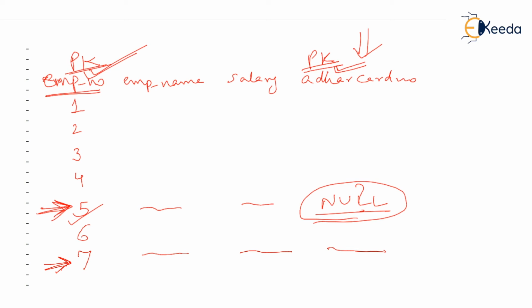So those were the properties of primary key, isn't it? You saw in this exercise that employee number and Aadhaar card number both could have been primary. We call these two attributes, employee number and Aadhaar card number, candidate keys.